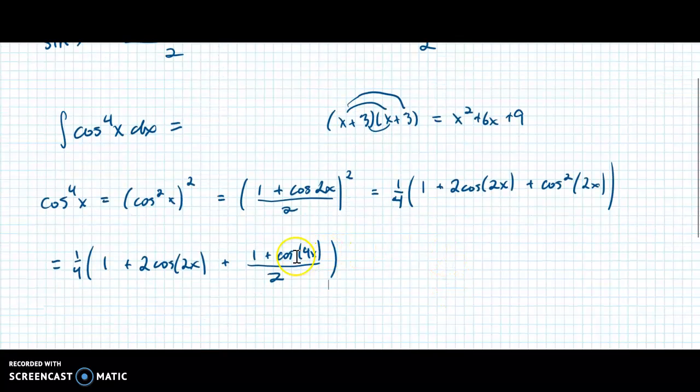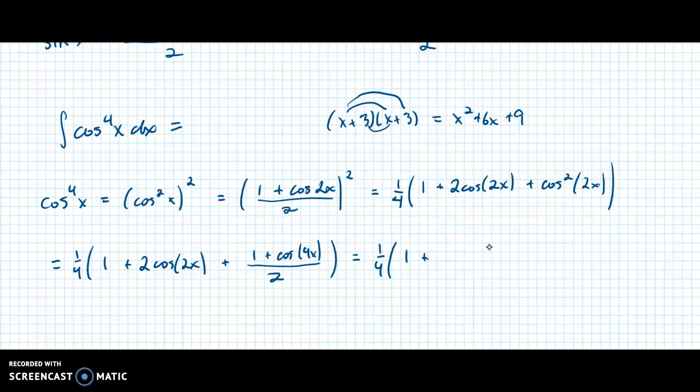Now I'm going to reorganize everything. I'm going to deal with this 1/4 and move all these things around at the same time. So maybe just for the sake of showing all the work in this video, I'll leave the 1/4 out for now. So I get 1, and then plus 2 cosine of 2x.